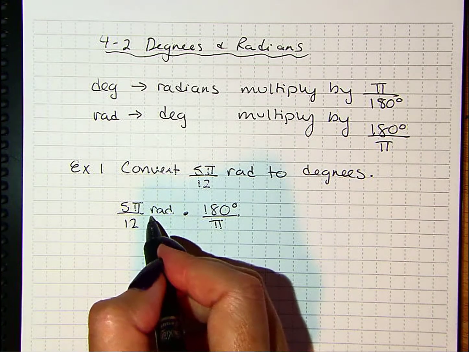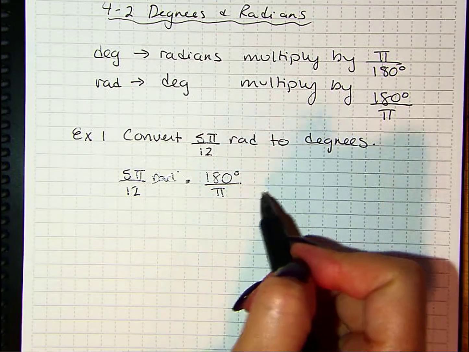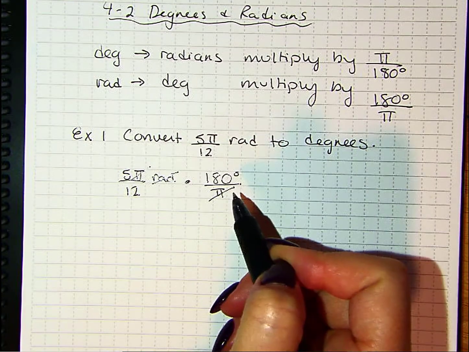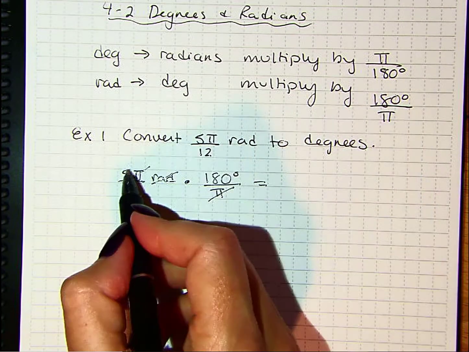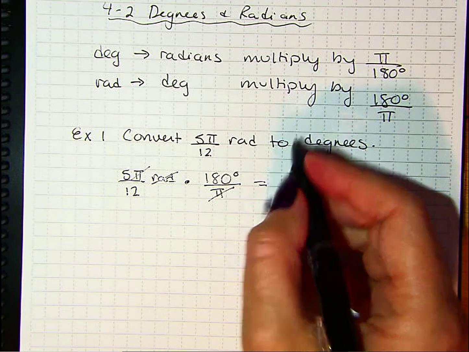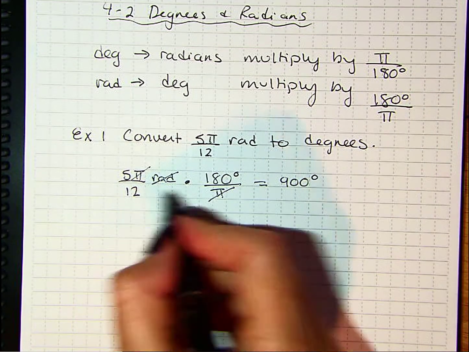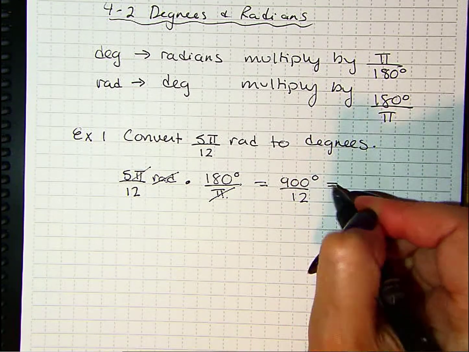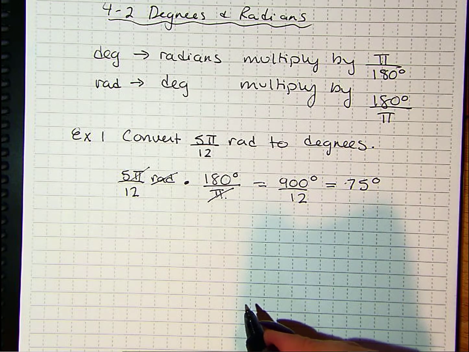Now we don't actually need to show that radian, and then we just simplify. So we'll simplify the pi, and then multiply 5 times 180, that gives us 900. 12 times 1 gives us 12. So that ends up being 75 degrees.